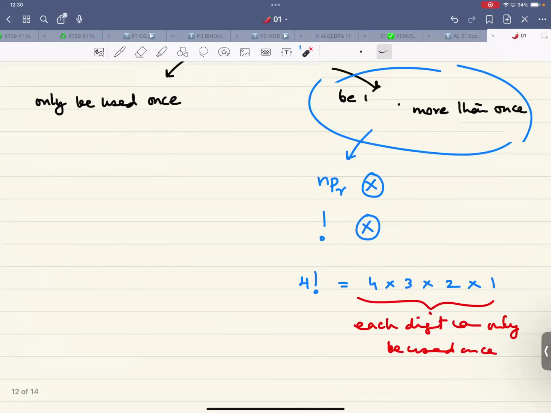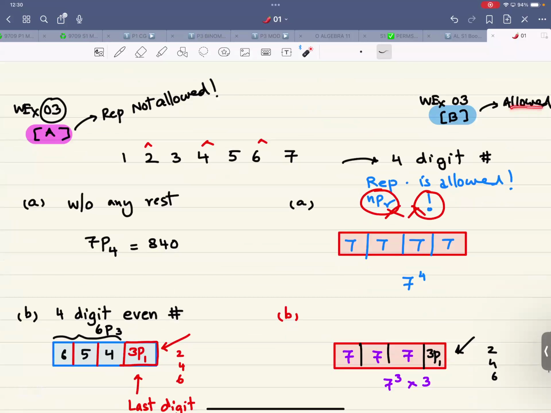Now let's go back. The same question. This time repetition of digits is allowed. Each digit can be used more than once. So now over here, if repetition is allowed, we officially cannot use nPr because nPr is by default without repetition. That is why 7P4 is 7, 6, 5, 4. Why is it reducing? Because repetition is not allowed. So that is why we cannot use nPr.